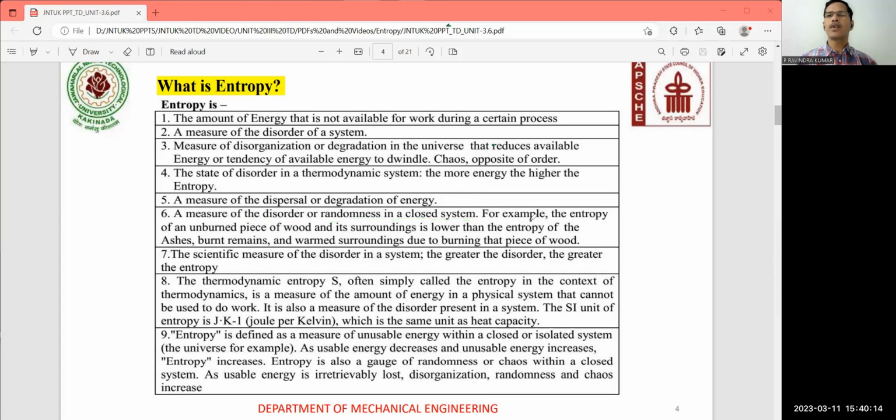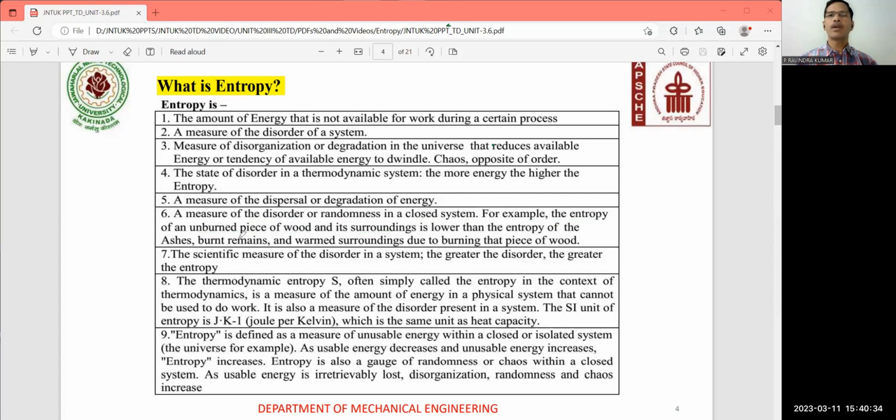For example, take the entropy of an unburned piece of wood. That is the system, and everything external to the wood is the surroundings. System plus surroundings is the universe.